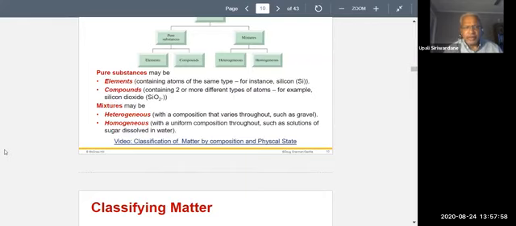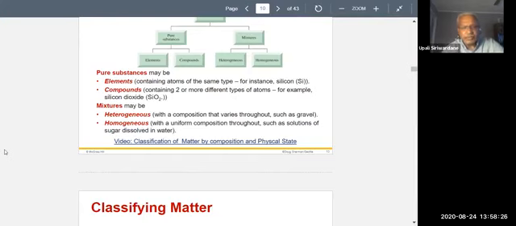If anything is made up of molecules containing only one type of atom, it's called an element. Compounds, on the other hand, contain two or more different types of atoms. For example, water or silicon dioxide. Silicon oxide is found in quartz or sand.